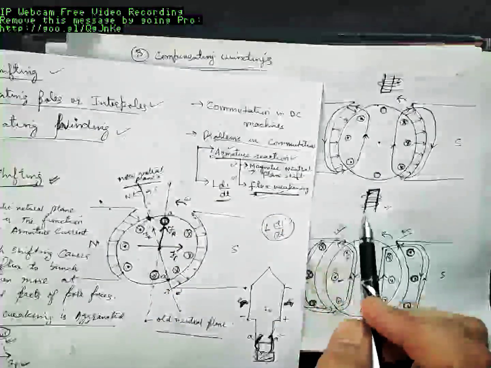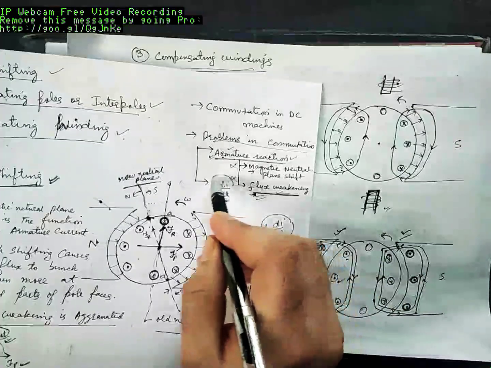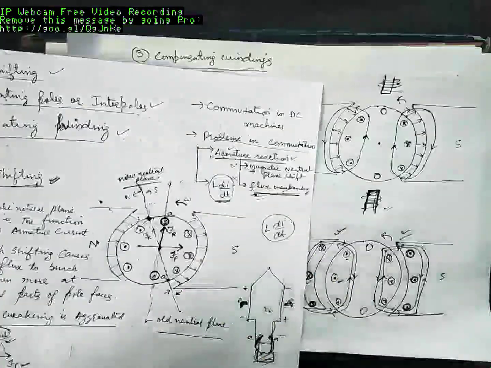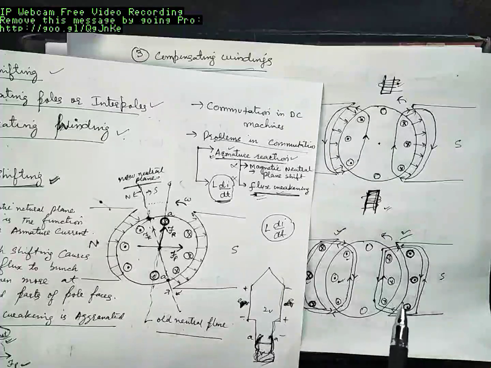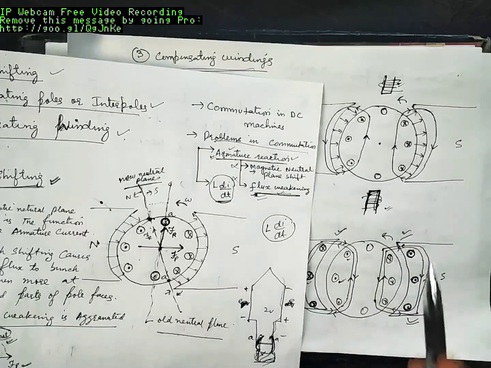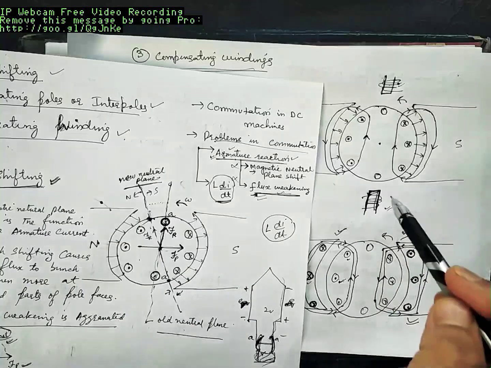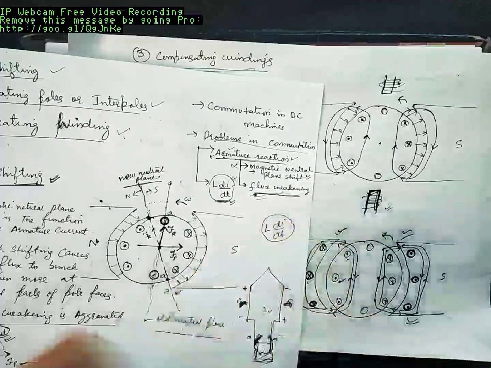In those machines, interpoles only have to solve the problem of L di by dt voltage. But in machines which do not have compensating windings, interpoles have to solve the problem of magnetic neutral plane shift as well as L di by dt voltage.